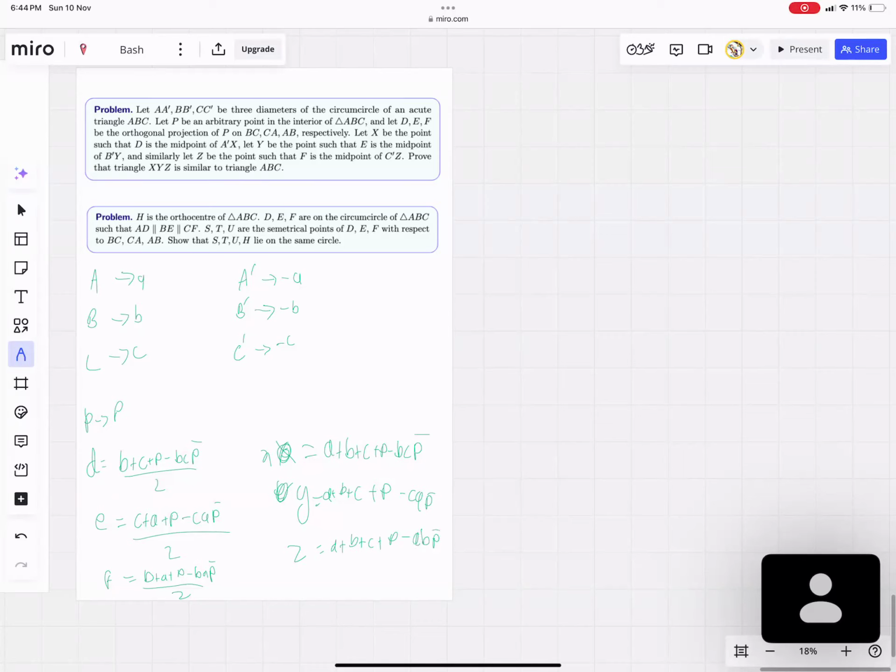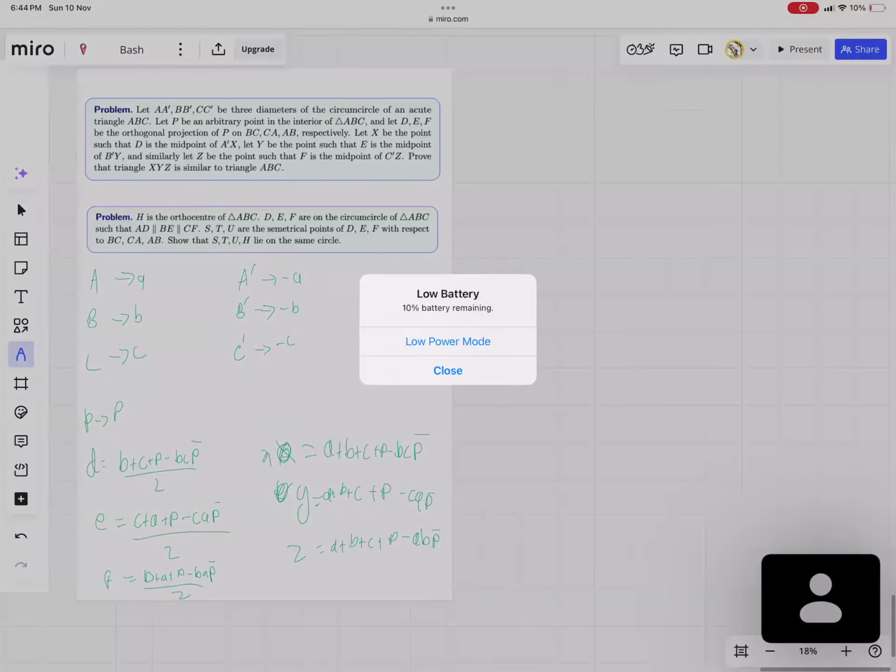Now, can anyone see the finish from here? Okay, I'll come back in a second.